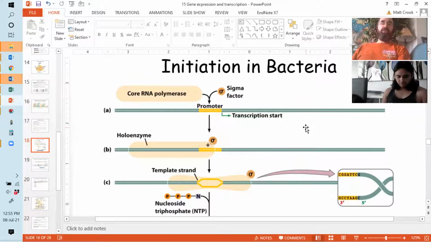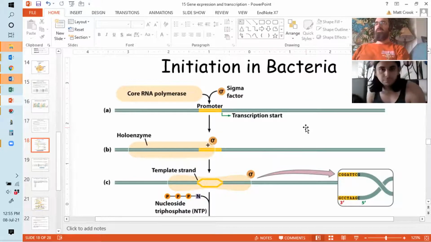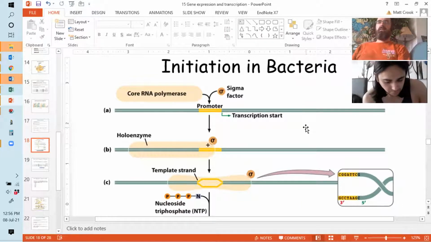And there are other transcription factors too, which will guide RNA polymerase to specific genes based on different conditions, like stress or high temperature or low nutrient availabilities, things like that. The sigma factor is like the generic one, essentially. And so its job is to recruit RNA polymerase to the promoter.